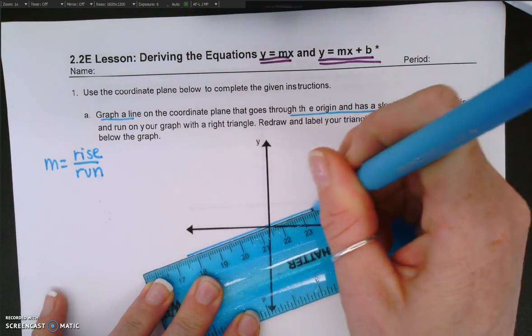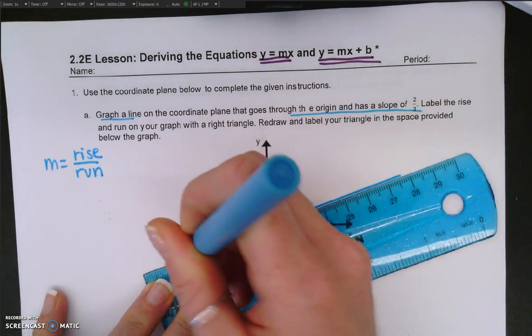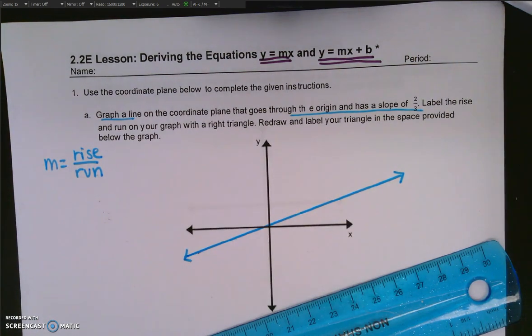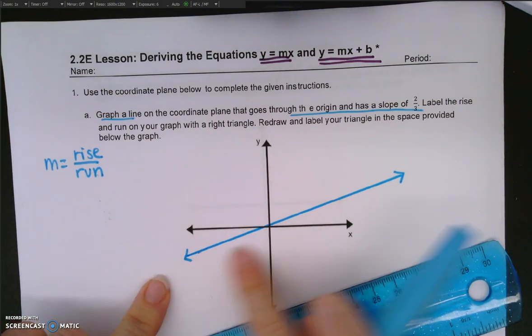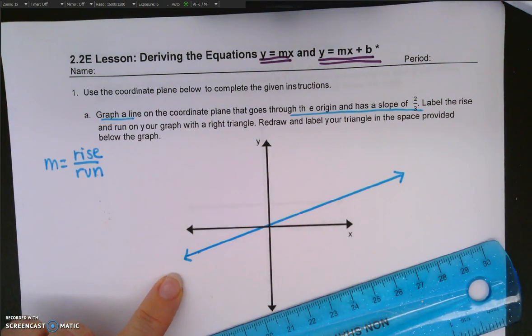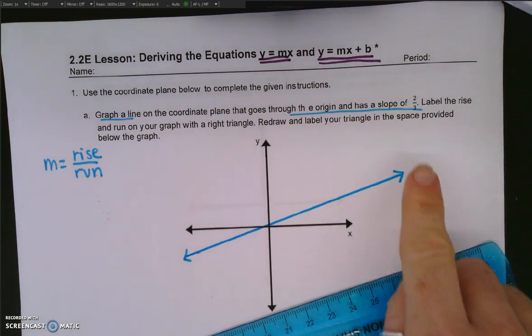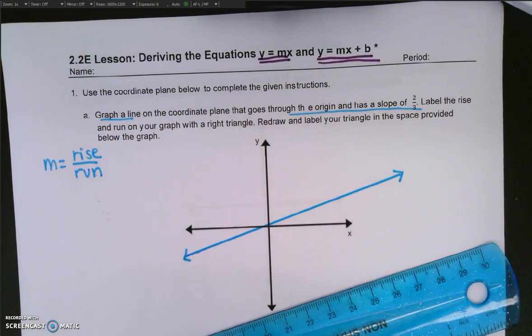And let's draw our line so it goes across the entire coordinate plane, and of course we're going to put arrows on the end of our line. So this line goes through the origin, is an increasing line, and has a slope of about 2/3. The next thing we need to do is label the rise and run on our graph with a right triangle.